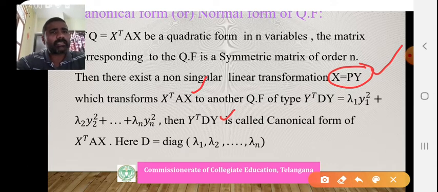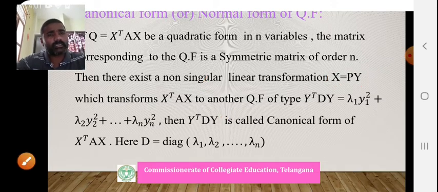Later we will discuss the different types of transformations used to transform the original quadratic form to the sum of squares or normal form. After discussing some properties, we can go on to how to take the transformation and how we will get the normal forms. That we will discuss later.